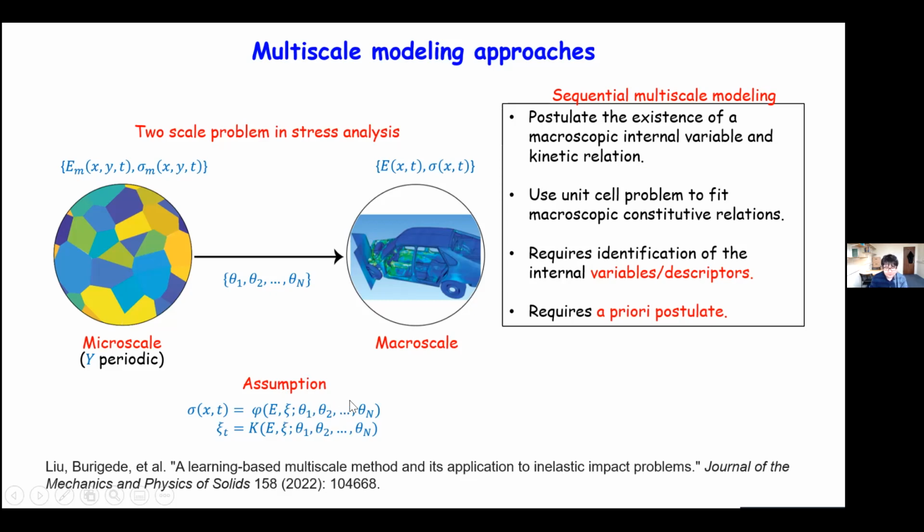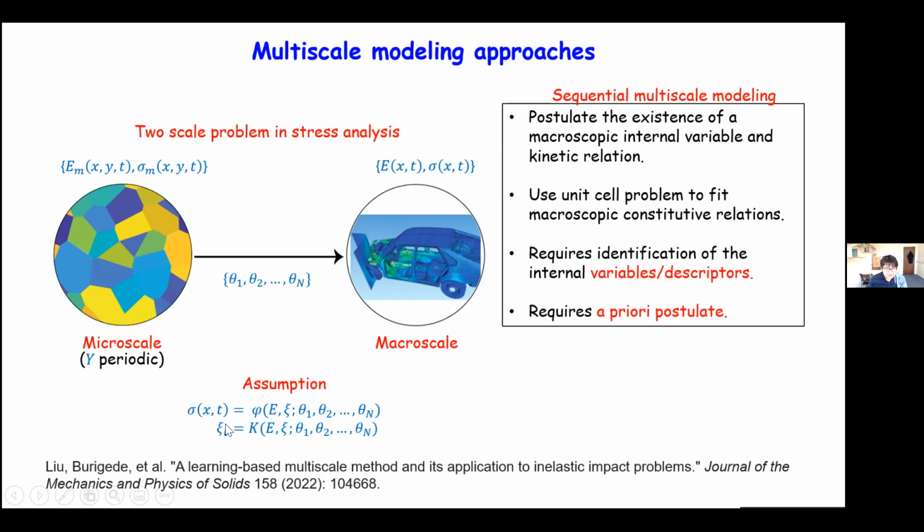So this is basically the fundamental assumption of thermodynamics, right? So we're saying that we really don't need the theoretically infinite dimensional information from the low scale, but we can reduce it to some finite dimensional state variables which capture the state or the memory of the material.